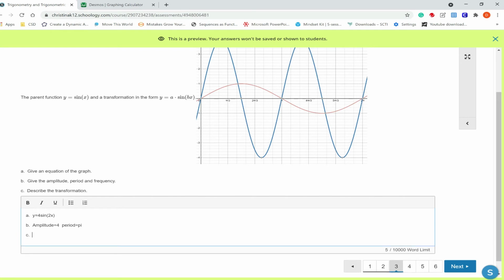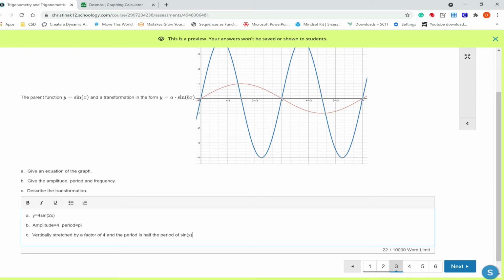And then for C, we want to describe the transformation. So we can just say vertically stretched by a factor of 4 and compressed horizontally, or rather, we'll say the period is half the period of sine x.